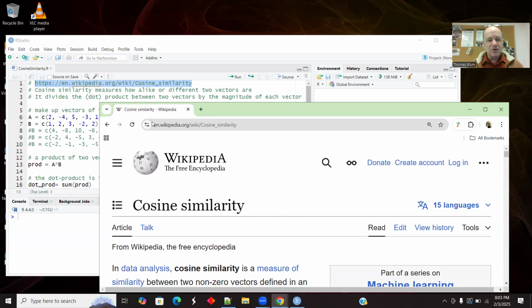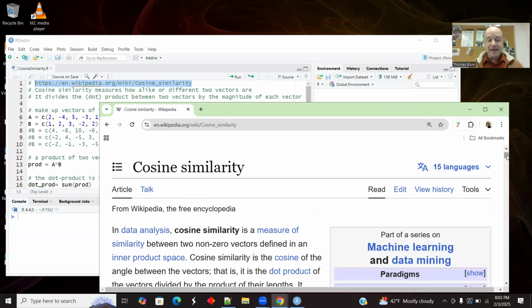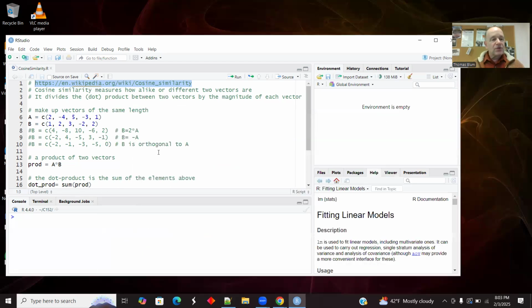Okay, so here's the Wikipedia page on cosine similarity. In data analysis, cosine similarity is a measure of similarity between two non-zero vectors defined in an inner product space. Okay, so here we go. So I just have two vectors.